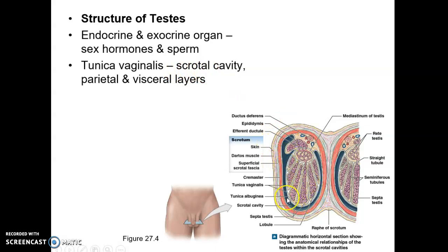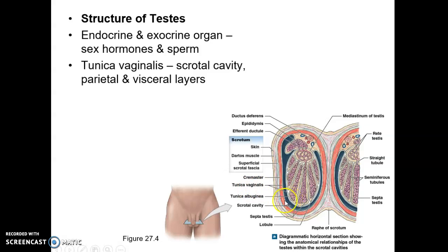Notice here in blue is the scrotal cavity, and externally, outermost, would be the parietal layer, and on the surface of the testis is the visceral layer of the tunica vaginalis.